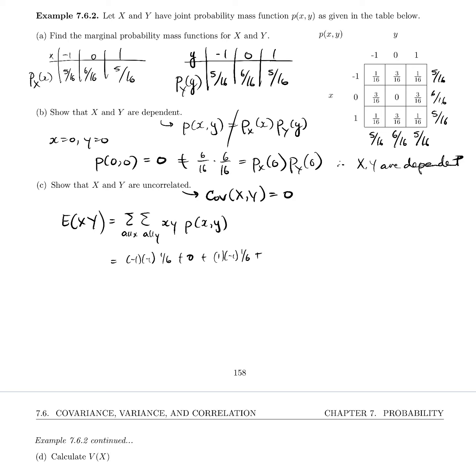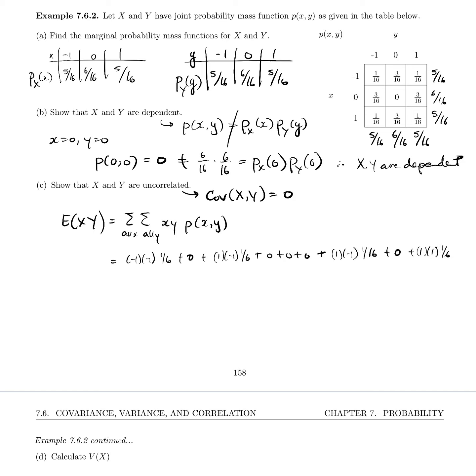And then plus x times all of these. We've got xy times this, so x is 0, so we're going to get 3 zeros across this row. So plus 0, plus 0, plus 0, plus, and then what do we have down here? 1 times -1 times 1/16. And then we get plus x times y, y is 0 again, so another 0, and then 1 times 1 times 1/16.